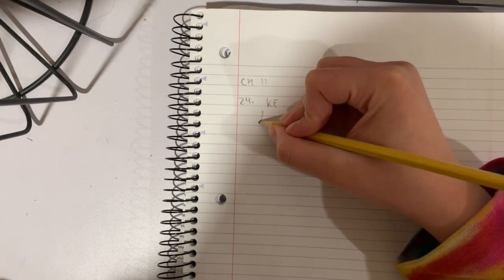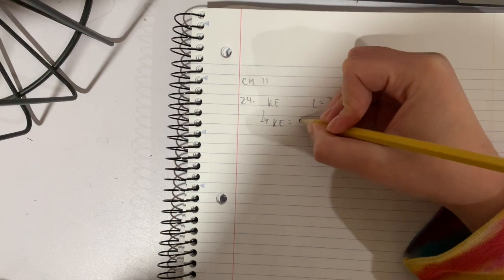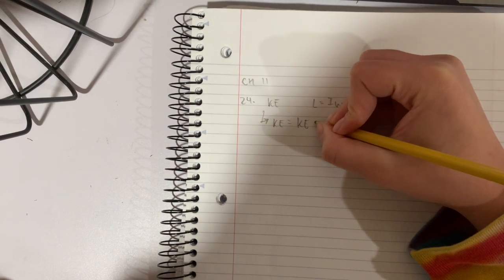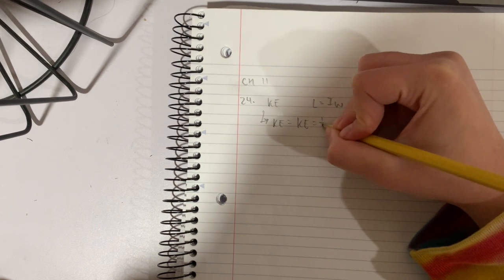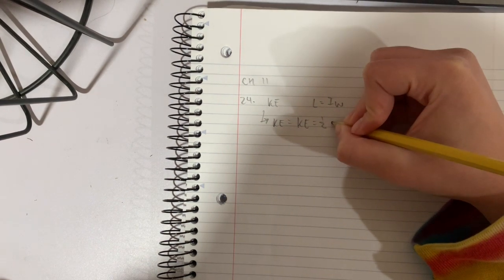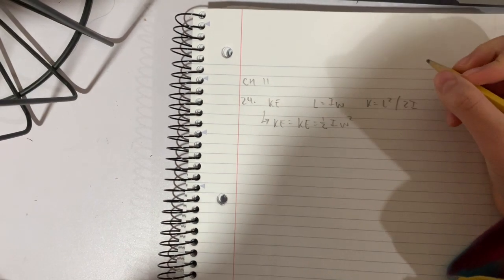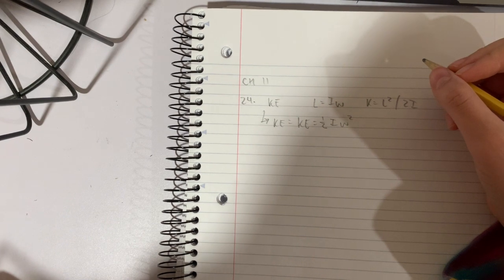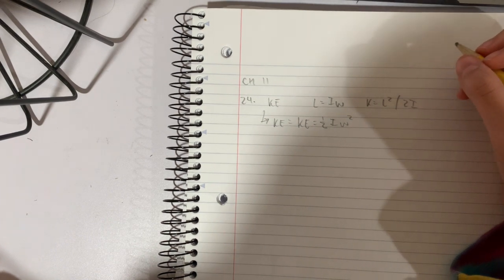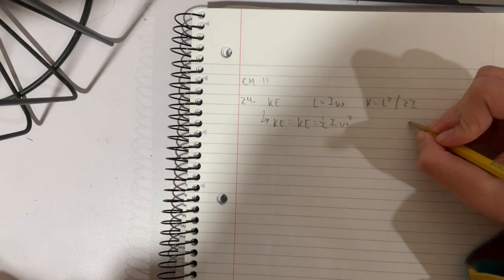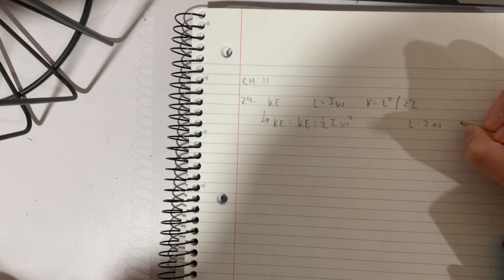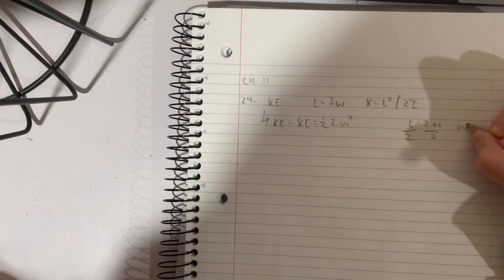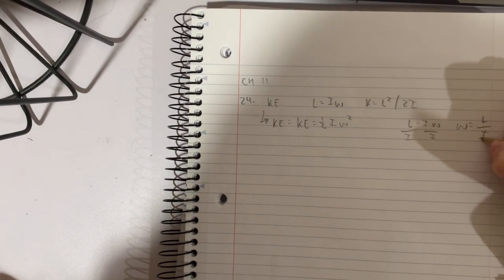So KE equals 1/2 I omega squared, but I want to make it so that I can take L equals I omega and isolate the omega, so it's omega equals L over I.